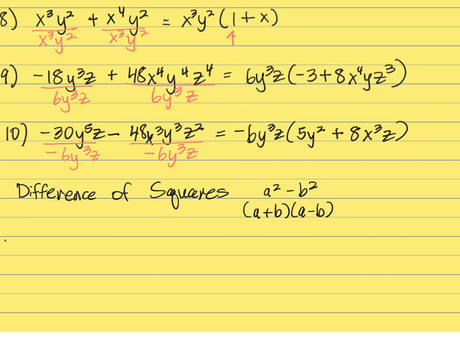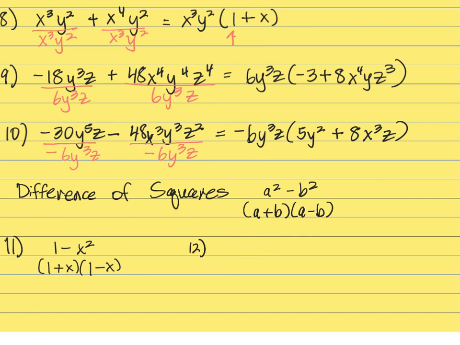So like on number 11, if you had 1 minus x squared, then you remember 1 is 1 squared. So this is 1 plus x times 1 minus x. That's how it factors.